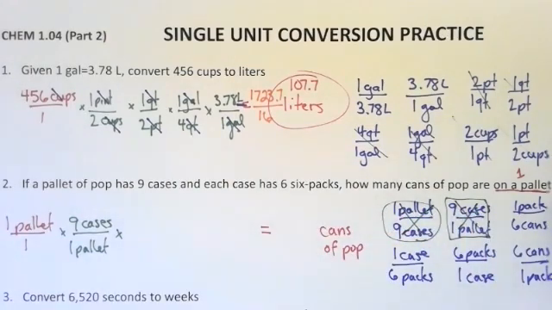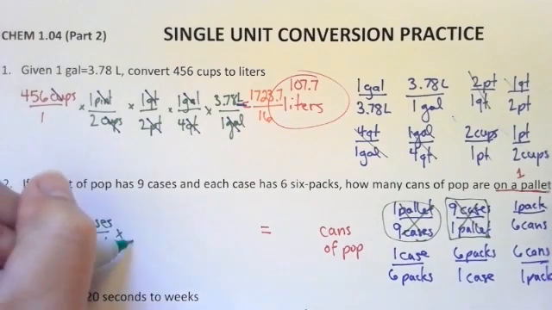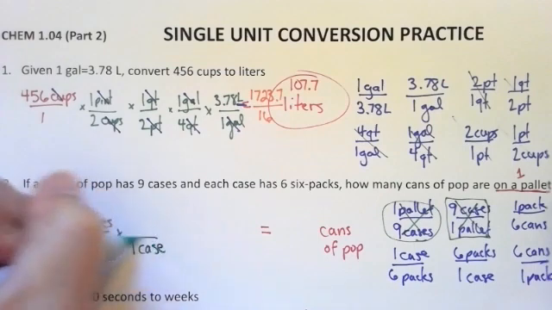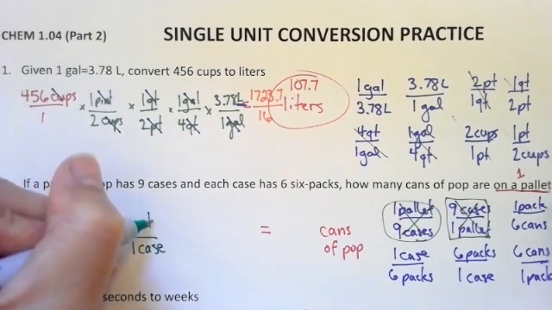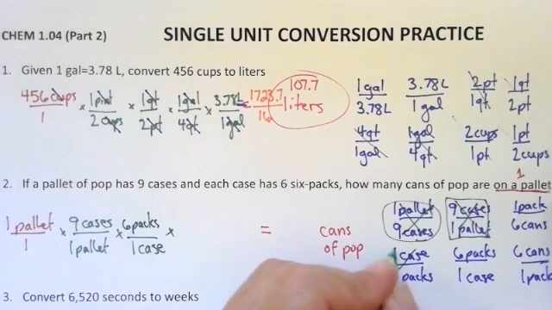That's one of the reasons I mark them out as I go. Cases on the top, so it has to have cases on the bottom. And that is going to be here. I have cases on the bottom. So I'm going to have 1 case has 6 packs. And then finally, I know that each pack has 6 cans. So I have packs on the top, I need packs on the bottom.